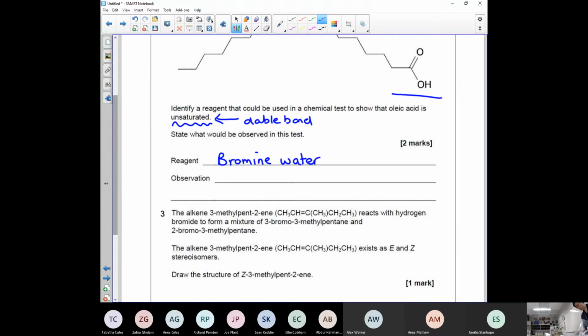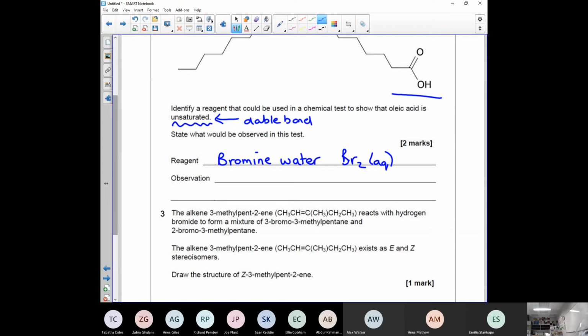You can either write it as bromine water, or you can write Br2, or Br2 aqueous. Don't just put Br on its own, you will get an incorrect mark. You might get a right mark for the observation, but if you just put bromine down as Br, that will make you lose a mark.